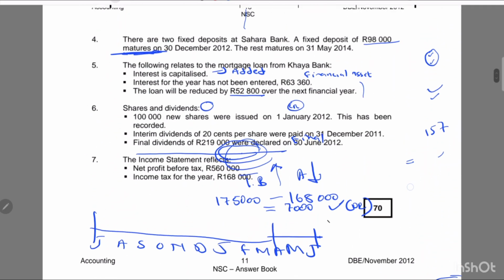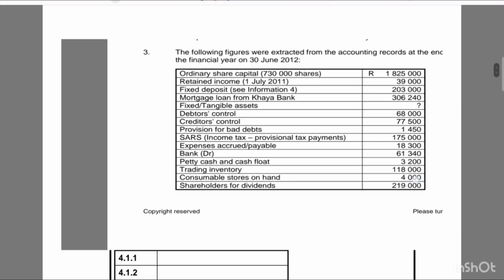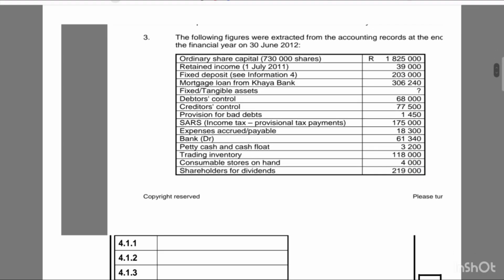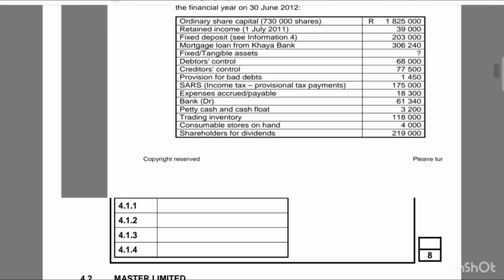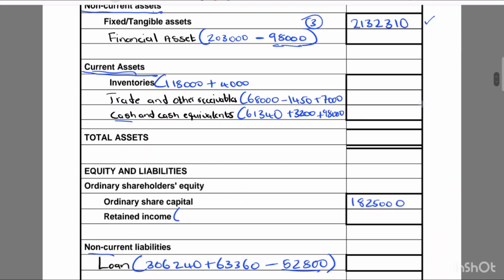The balance at the beginning of the year in retained income is 39,000.